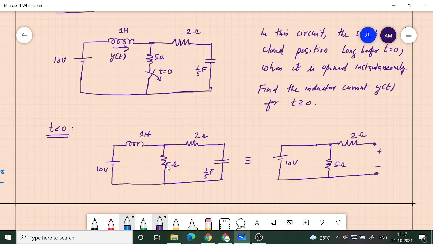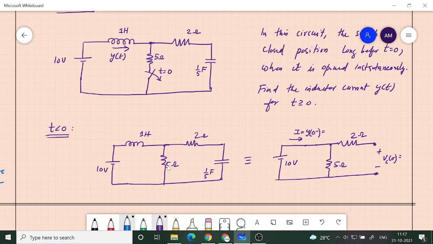That is one question. And the second question is what is the current here, which is what is called y of 0 minus. What is this current and what is this voltage? These things are the initial conditions: capacitor voltage, inductor current. Quickly tell me.